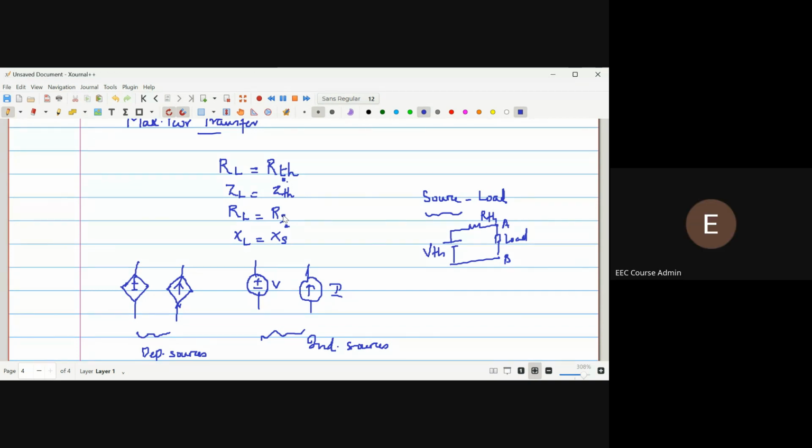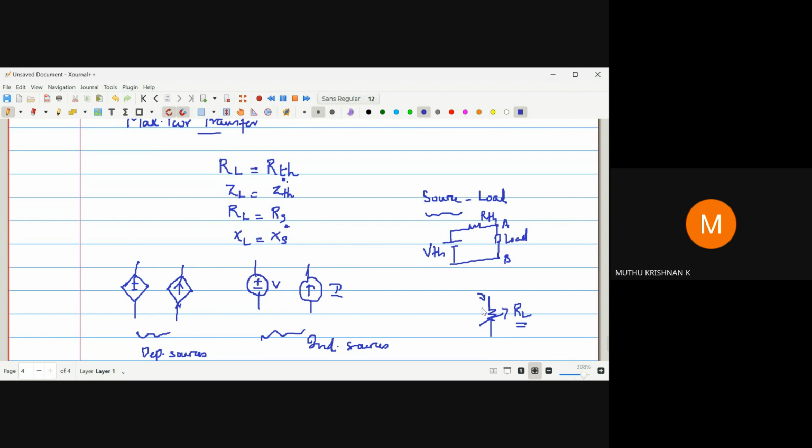That's why we mention what the load should be. We represent it something like this, as a variable, right? The arrow represents RL taking different values, and through the maximum power transfer theorem, what we convey is what the value of RL should be so that the maximum power is transferred to the load.